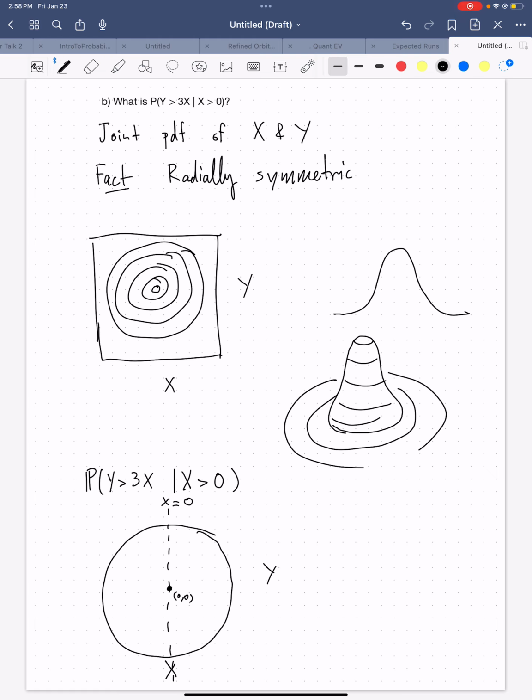And so for the probability Y is greater than 3X, let's draw the line Y equals 3X. So maybe Y equals 3X looks like this.